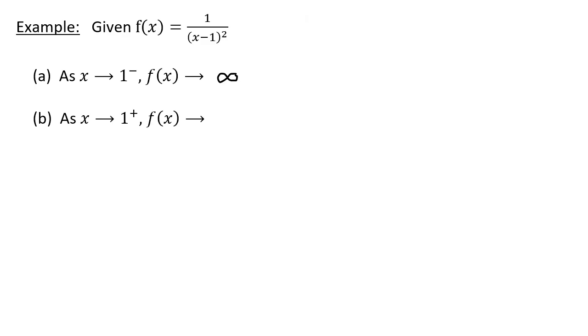So again, for this example, as we approach the x value positive 1 from the right, the y values f of x go to positive infinity. We can never say x equals 1 because then we're dividing by 0.